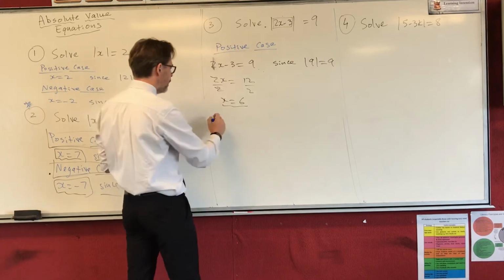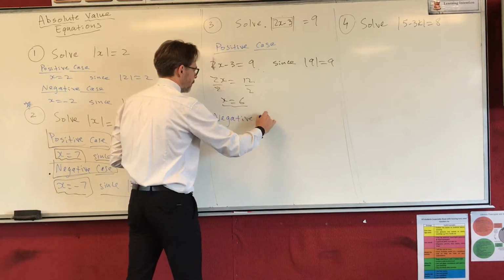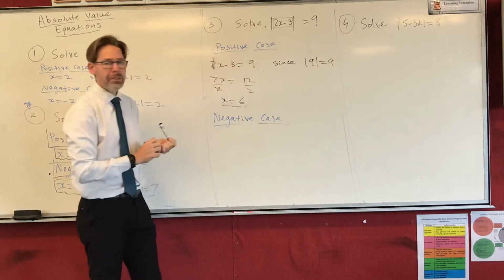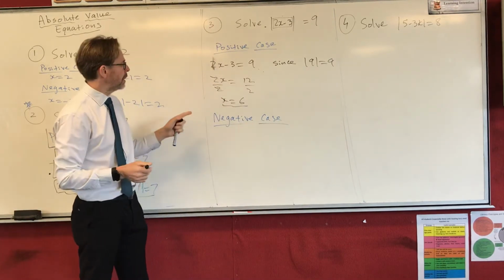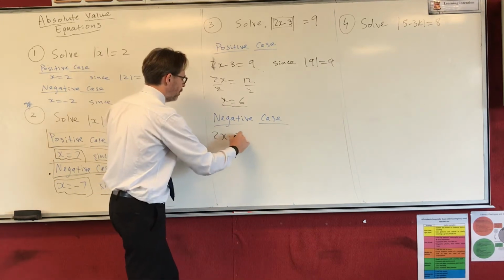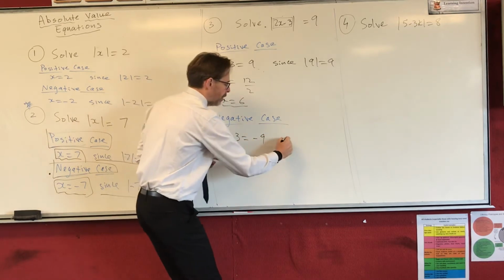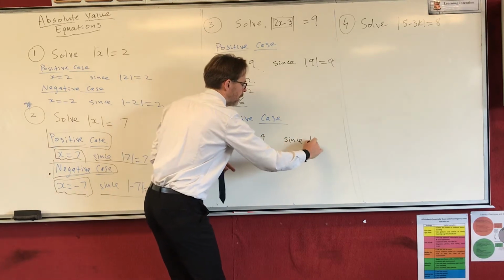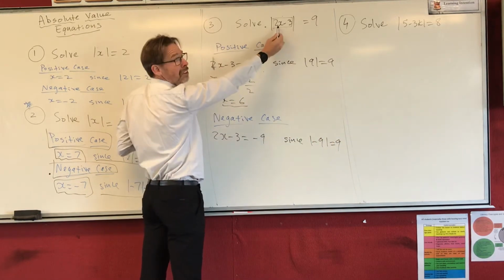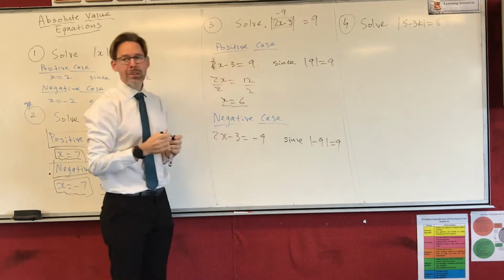All right, let's do the negative case. Now for the negative case, what do we have? We have 2x minus 3 could be -9. This is a negative case, since the absolute value of -9 is equal to 9. So this expression here could be equal to -9, couldn't it?